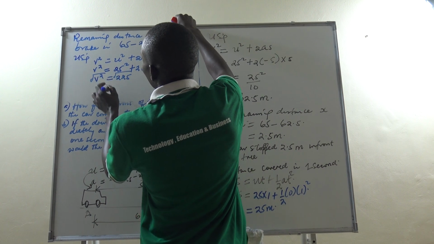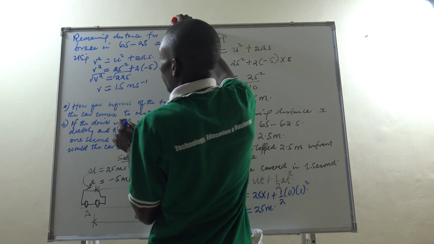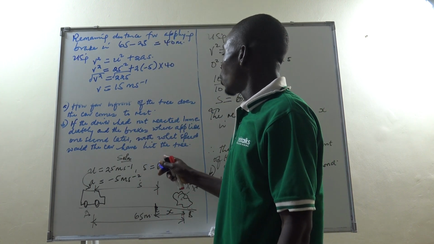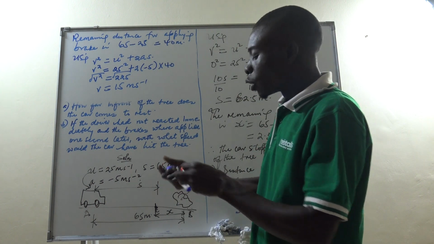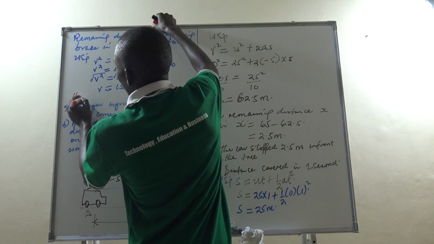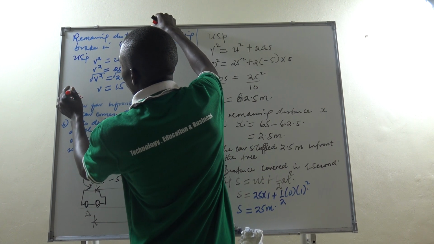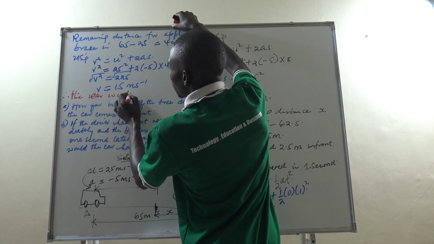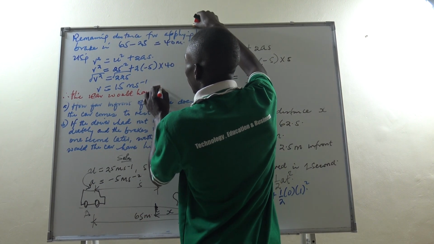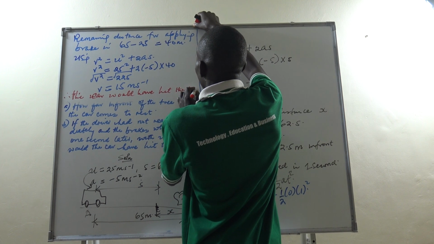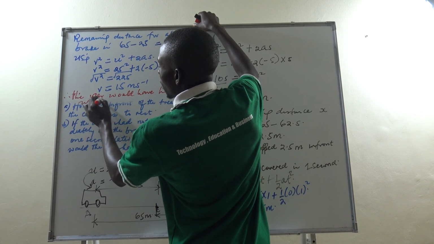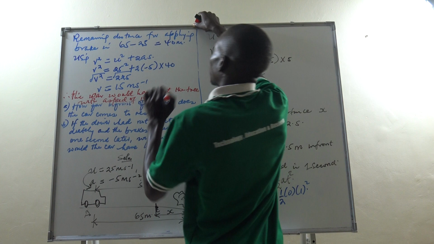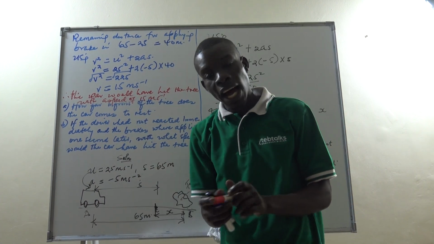If you take the root, you will get 15 meters per second. Therefore, you conclude and say the car would have hit the tree with a speed of 15 meters per second. That is the speed with which it would have hit the tree.